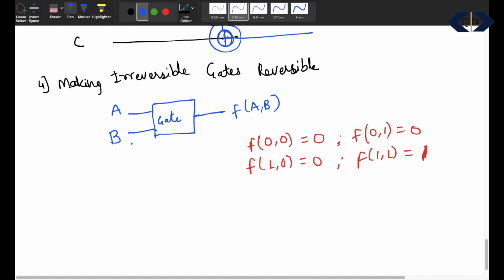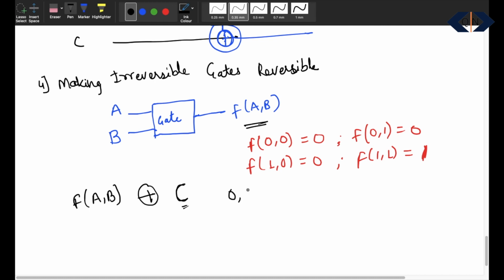Before adding the XOR gate, let's understand the effect of XOR on any output function. Suppose we have a function f of A and B, and we have an XOR operation done with C. What are the possibilities of C?